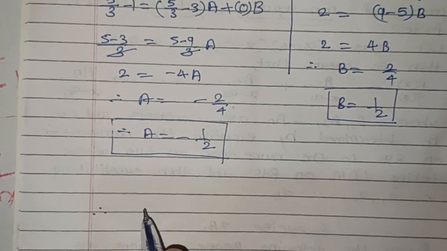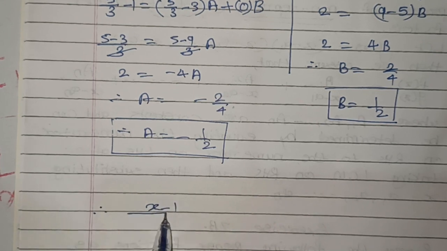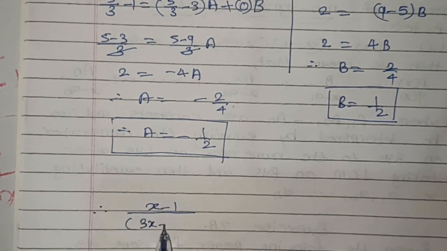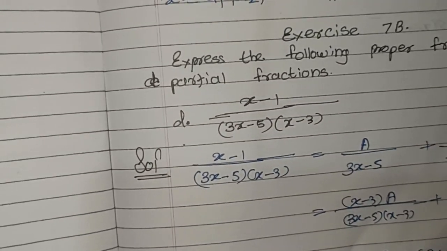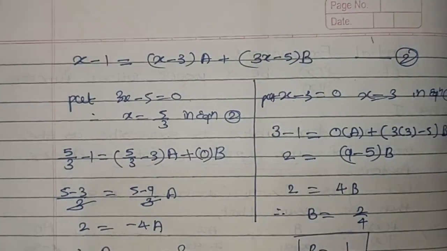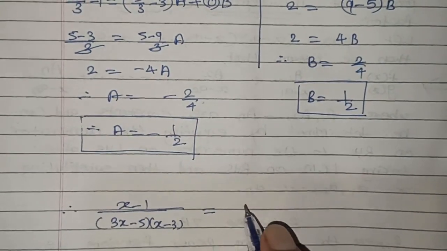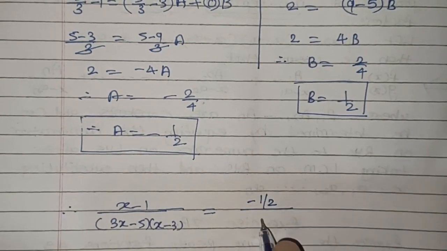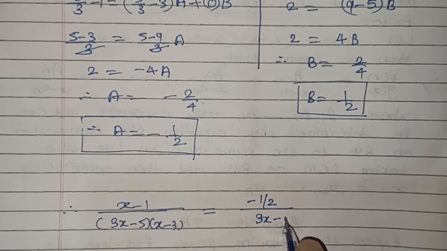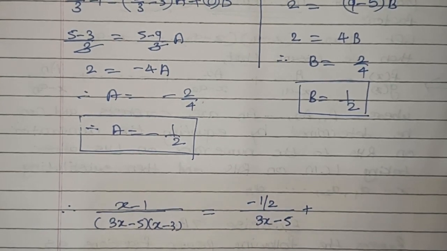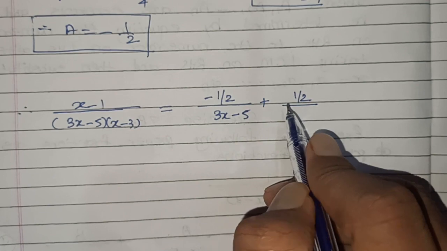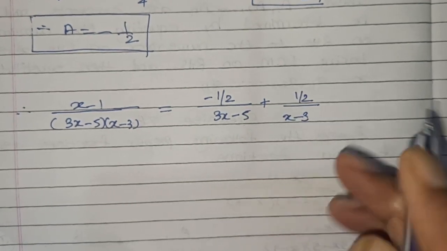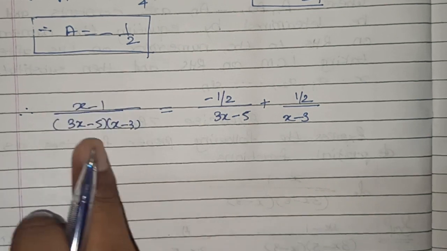Therefore, by equation number 1, x minus 1 upon 3x minus 5 into x minus 3 equal to, look at equation number 1, a upon 3x minus 5, so put the value of a, that is minus 1 by 2, upon 3x minus 5, plus the value of b as half into upon x minus 3. So this is our partial fraction.